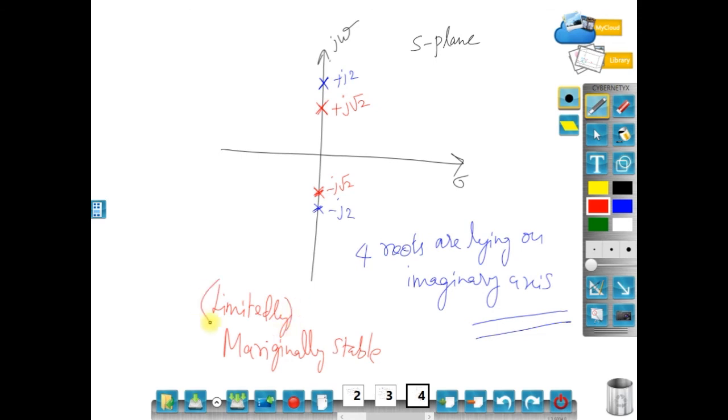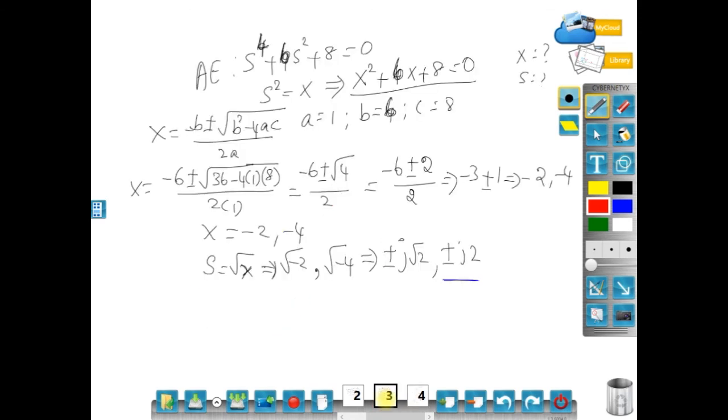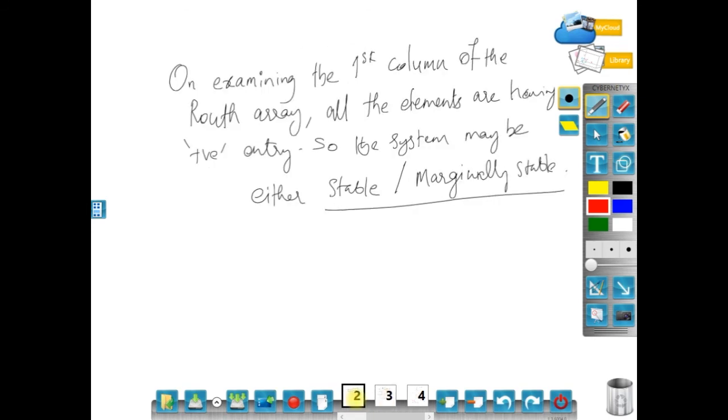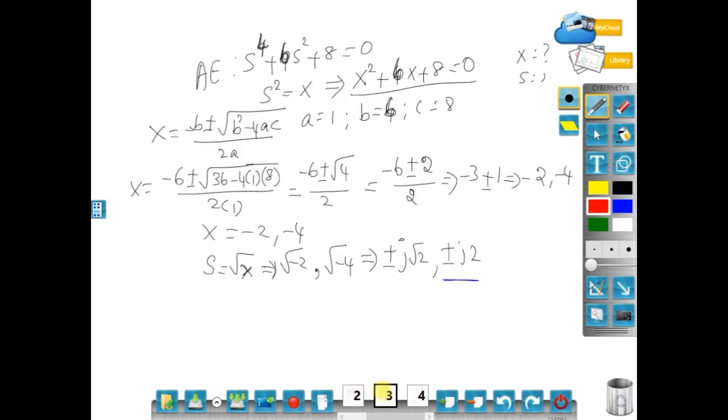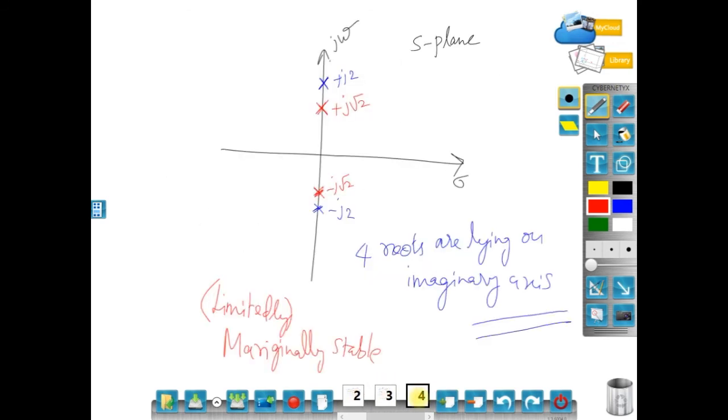So that is why in previous steps I have told that the system may be stable or marginally stable. After analyzing the location of the poles, we can conclude the system is said to be marginally stable.